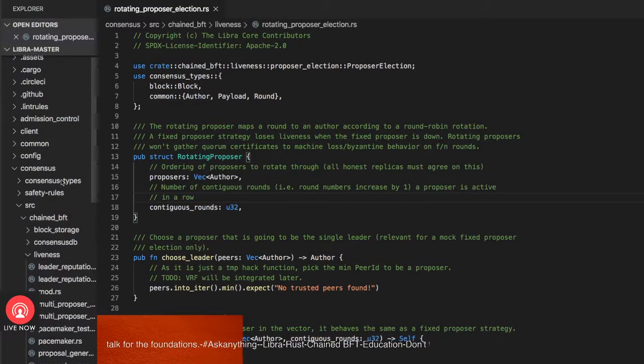So far we saw in other videos the rotating proposal, which is a liveness condition in this protocol specification. Basically you have state transitions, so you need to rotate in these state transitions to understand how to deal with the different layers that you have.